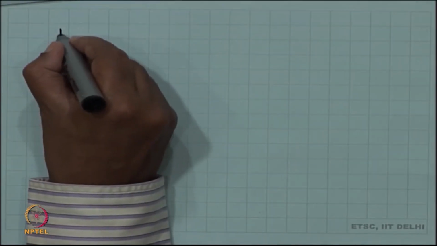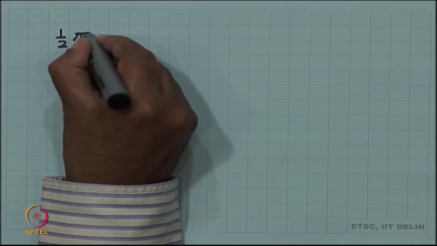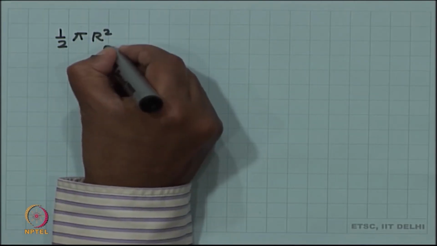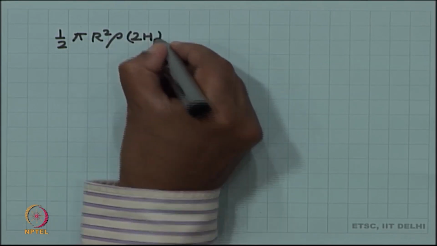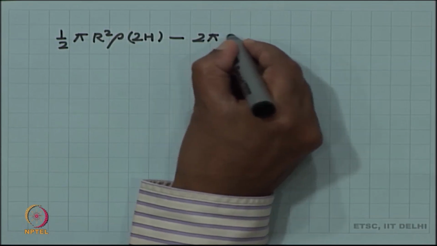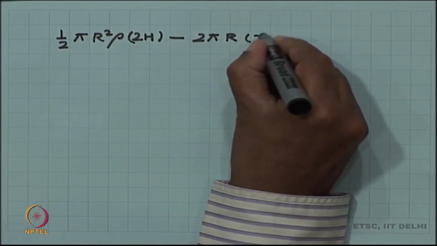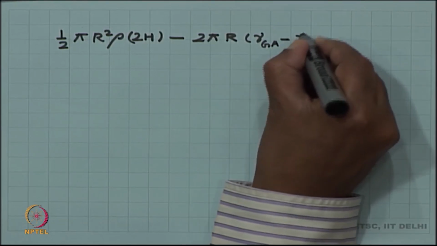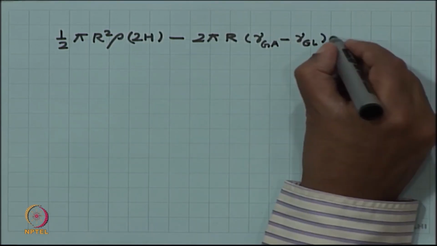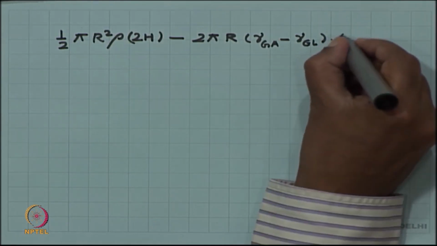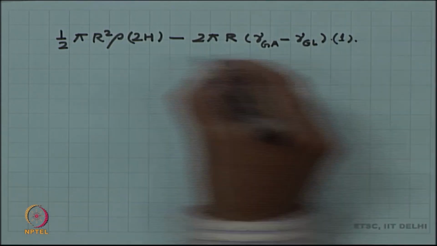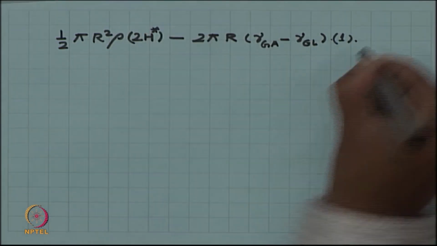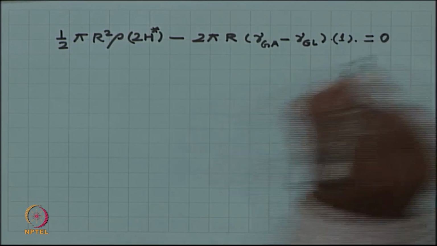So, we differentiate and then we find half pi r square rho, h square differentiates as 2h, minus 2 pi r gamma Ga minus gamma Gl, h differentiates as 1, and at the equilibrium height h star, this quantity will be 0.